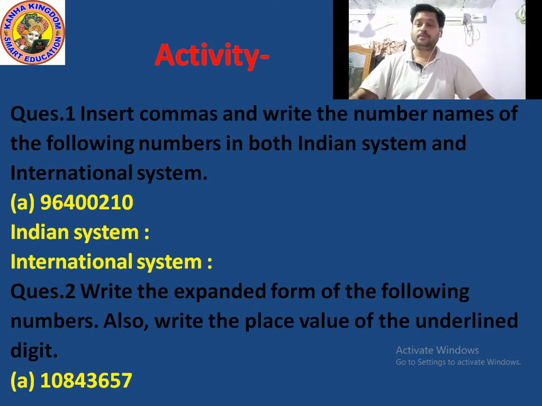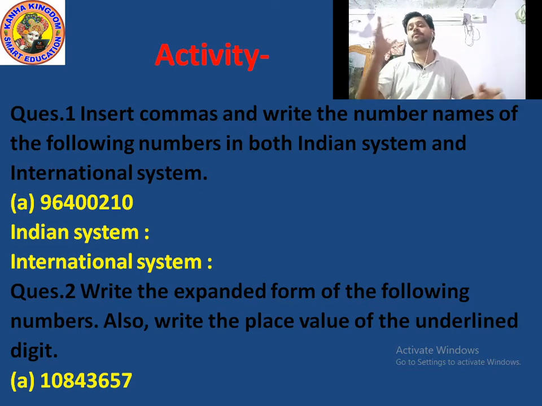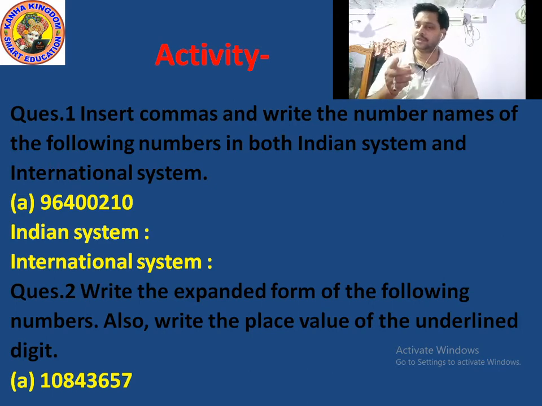Now when you start from the right hand side, first 3. Which digit is on the right hand side? 0, and after 0 comes 1, after 1 comes 2. Then make the comma, I will not tell what you have to put there. Then after 2 comes 0, and after that 0 again 0.